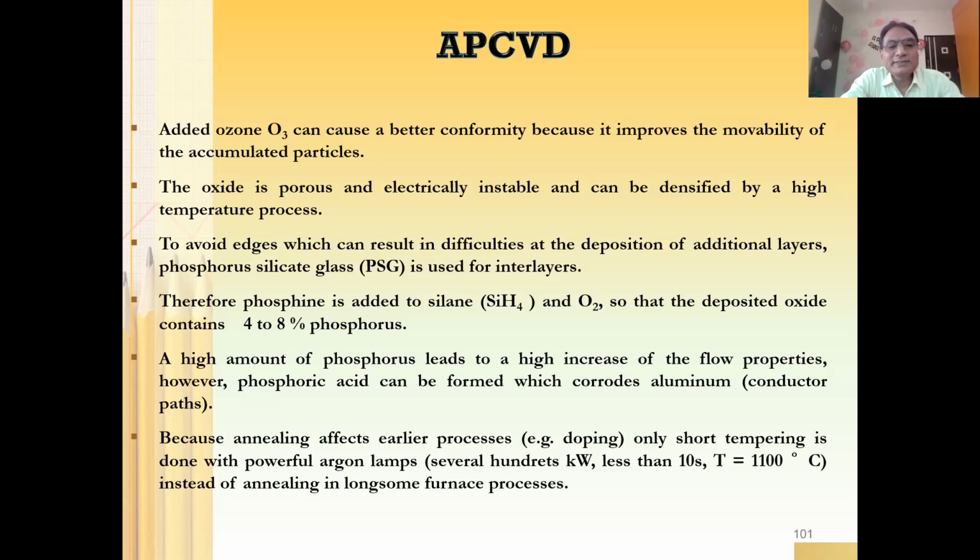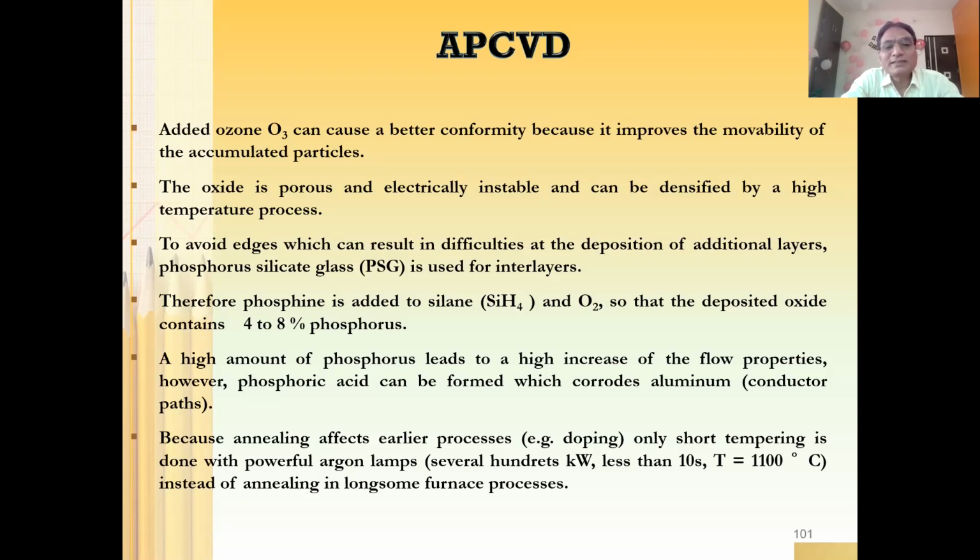To avoid the edges which can result in difficulties at the deposition of additional layers, phosphorus silicate glass is used for interlayers.